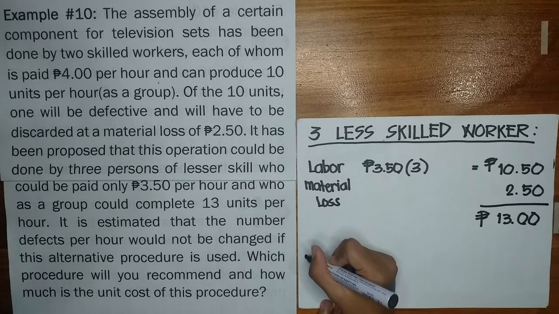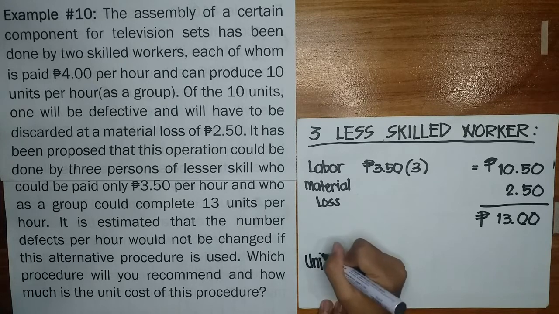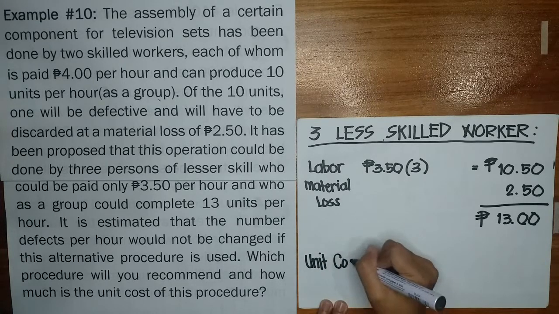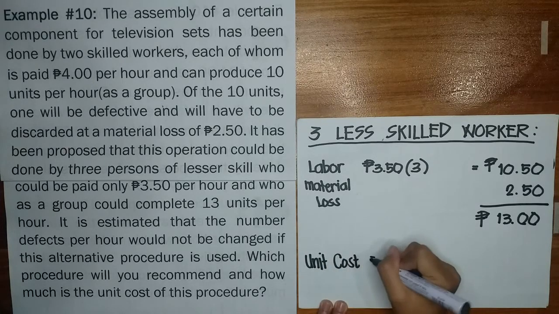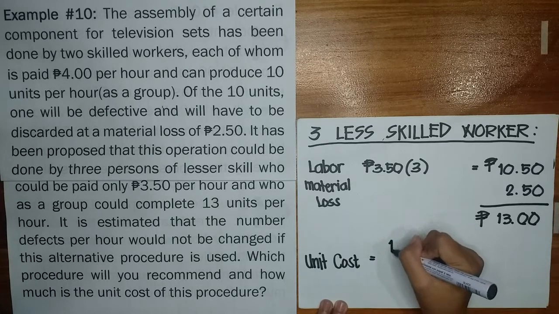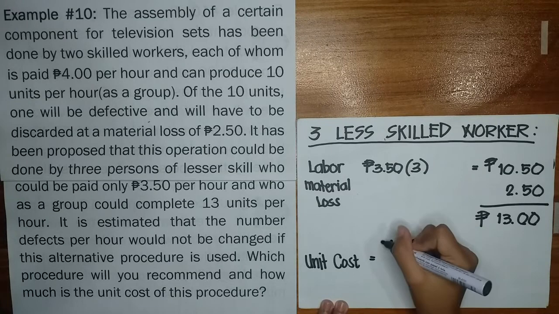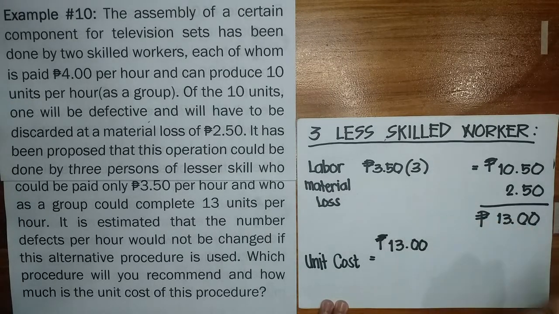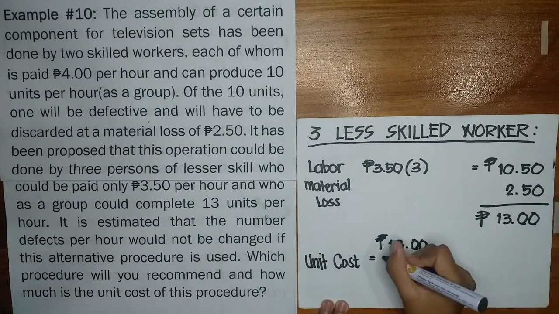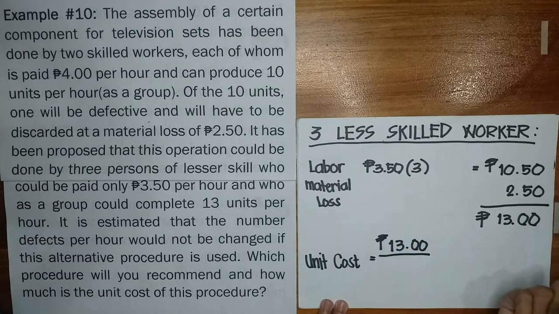yung unit cost natin, yung total na gastos na 13 pesos, divide natin kung ilan yung napoproduce nung tatlo as a group. So, ilan ba ang sinabi sa problem?